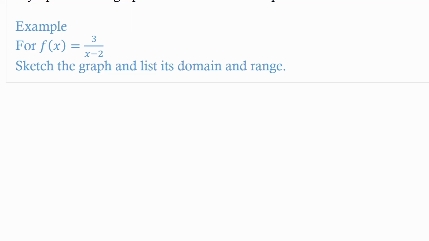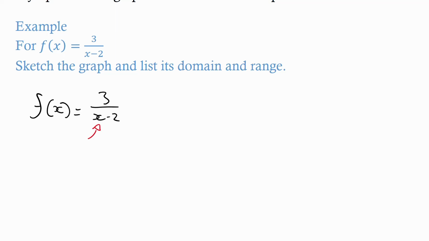Okay, so we're going to use this skill to now do the next question. So here we have a function, f(x) equals 3 over x minus 2. We need to sketch it and list its domain and range. So we're going to start by quickly rewriting this, f(x) equals 3 over x minus 2. Now if I wanted to find the asymptote, I can find my x asymptote by finding what that x cannot be.